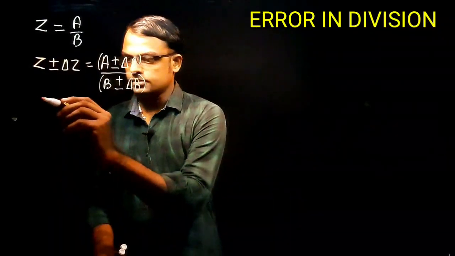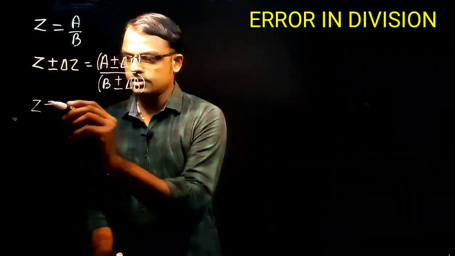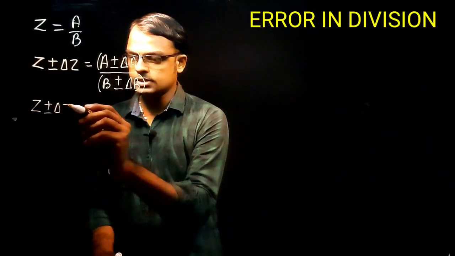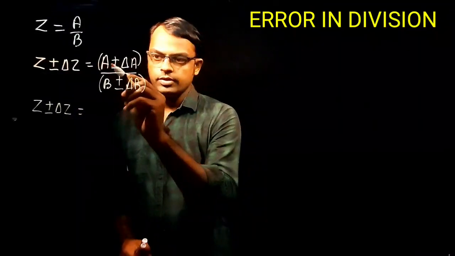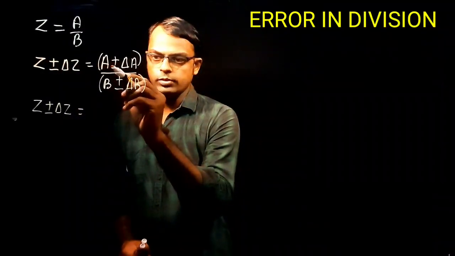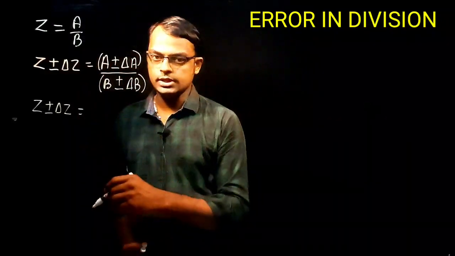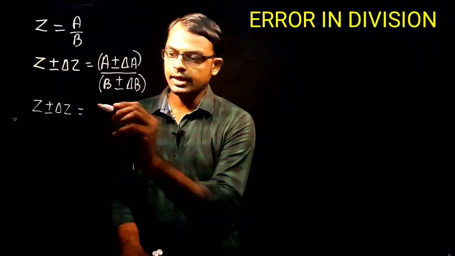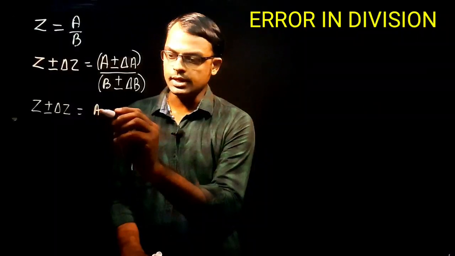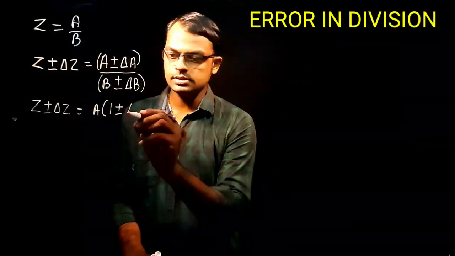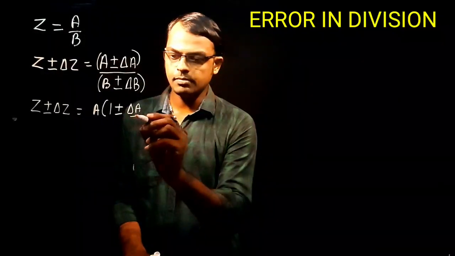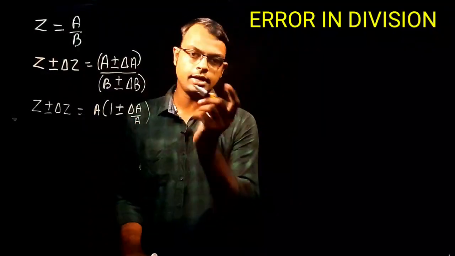Now we are writing here, therefore, Z plus or minus delta Z is equal to. Now imagine from the first one, that is the numerator, take the A outside. If you take the A outside, I can write this as A into 1 plus or minus delta A by A. That means you are taking A outside.